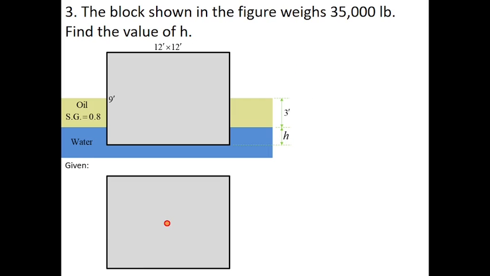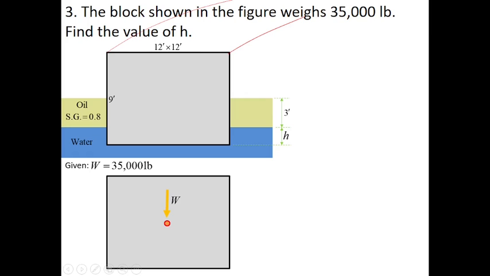So, in this case, let's consider the centroid of this area, wherein the centroid of this area is represented by the center of gravity. No? Kasi actually, meron yung third dimension, gaya ng sabi ko. So, consider natin ngayon yung center of gravity niya. No?